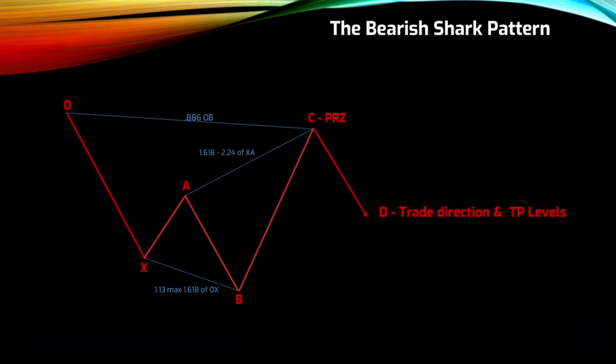Okay, but then we have a fib from O to B, which shows us the 886, and that is our perfect pattern entry. Could push lower, okay?